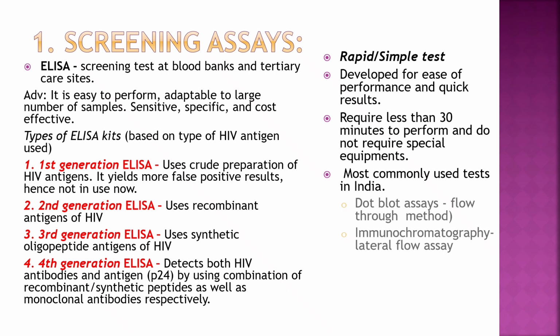Fourth generation ELISA detects both HIV antibody and antigen, that is P24, by using a combination of recombinant synthetic peptides as well as monoclonal antibodies respectively. Rapid simple tests are developed for ease of performance and quick result, require less than 30 minutes to perform, and do not require special equipment. Most commonly used tests are dot blot assays, flow through method, immunochromatography, lateral flow assay.